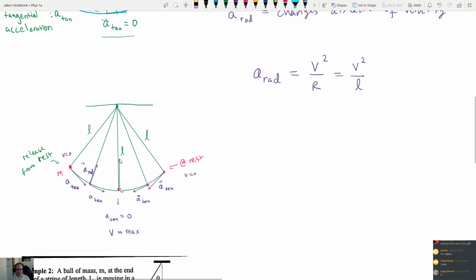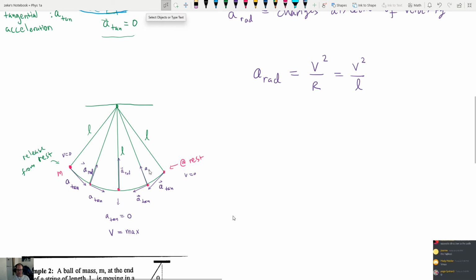It's going to point straight up like this. This is going to have to be the largest value for the radial acceleration, because that's the place where the velocity is the maximum, and you take velocity squared divided by the radius. And then when it gets back to, oops, right here, again, its radial acceleration vector is going to point along the radius, and it's going to be a little bit smaller. So there we go.